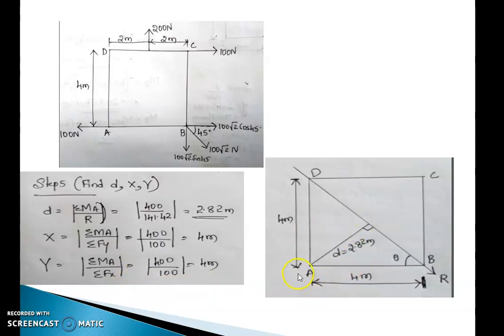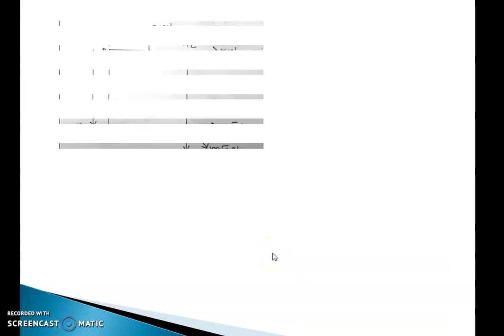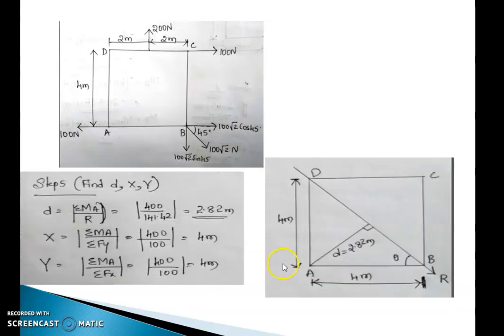What you see here, A, B, C, D, is my rectangular lamina. The resultant I got is 141.42 Newton, and theta we got as 45 degree.